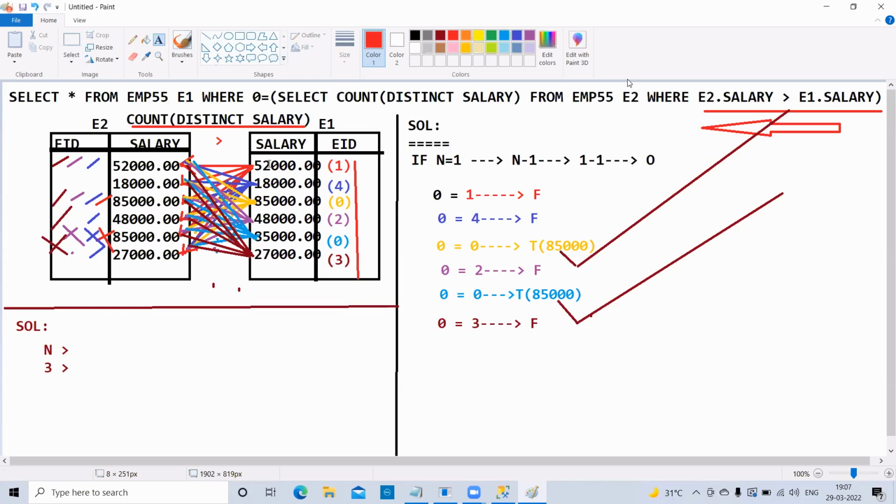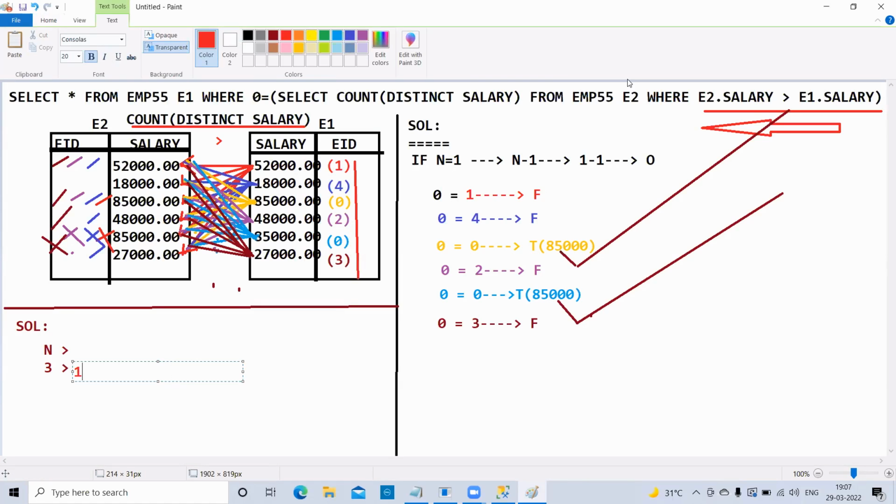The first one, 52,000: above it, how many values? 1 value. So 3 greater than 1. Condition true or false? The condition is true. And at which value is it true? 52,000.